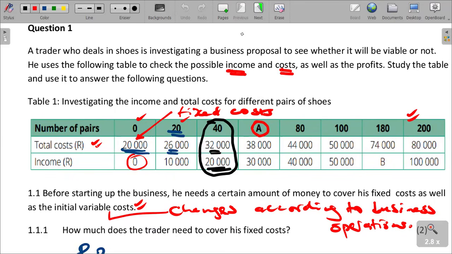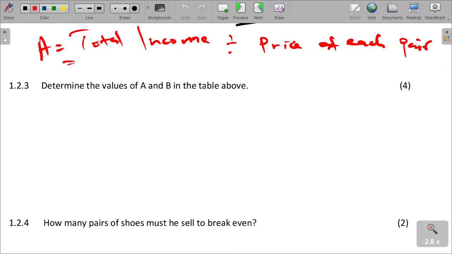So for us to get that, we say A is equal to 30,000 divided by 500 rand.